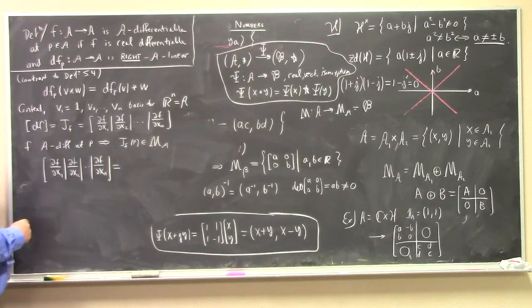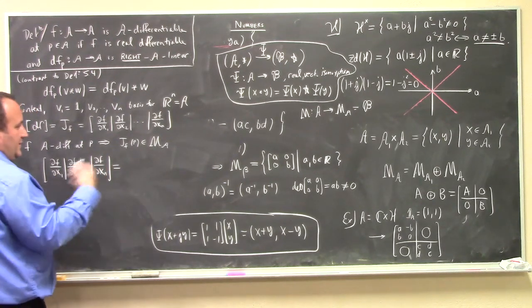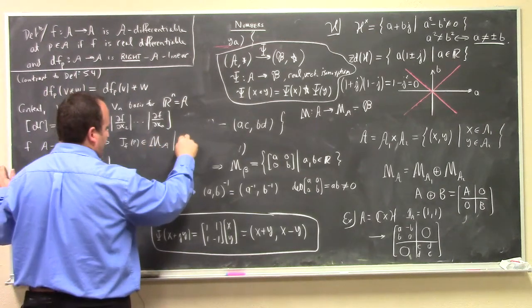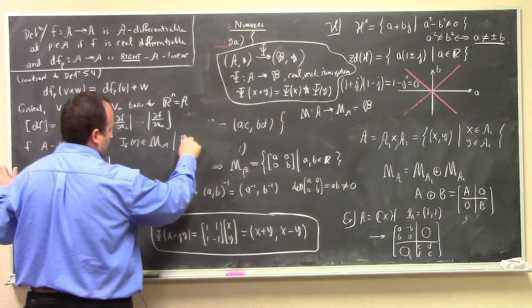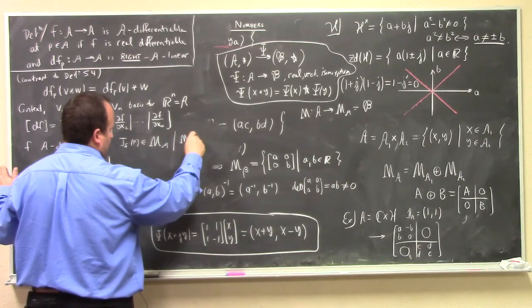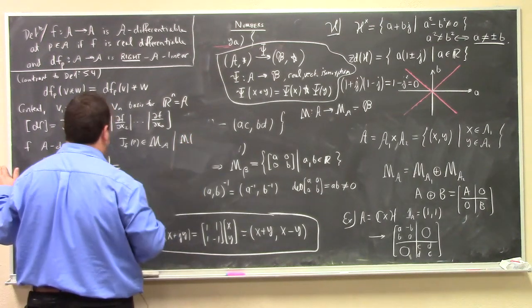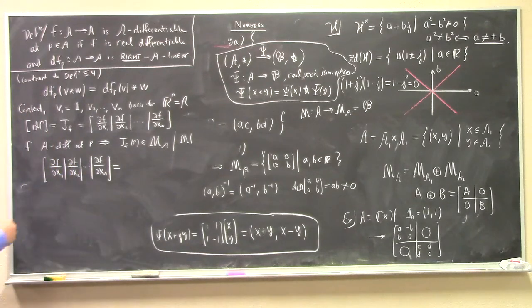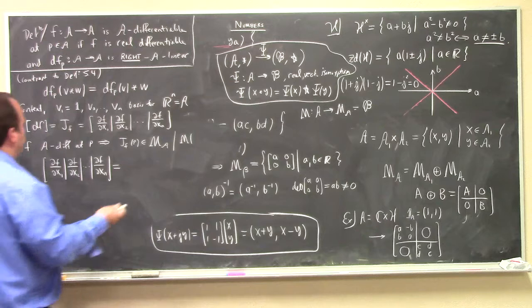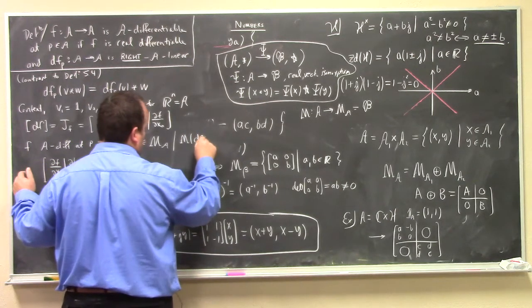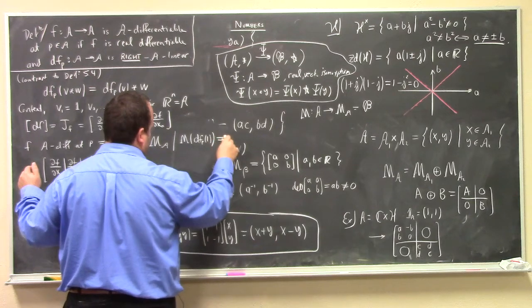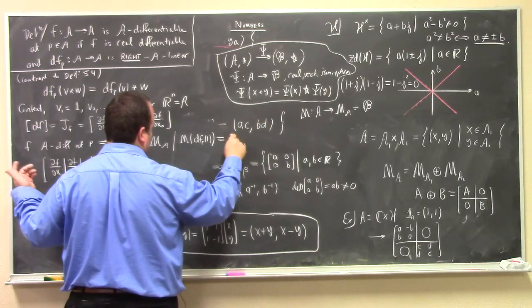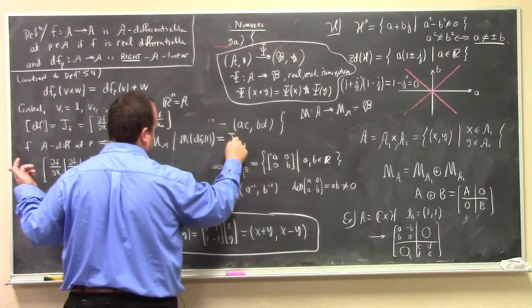Or, I mean, another way to say that, by the way, would be that the matrix representation of the differential of P on the identity should be equal to the Jacobian of f.